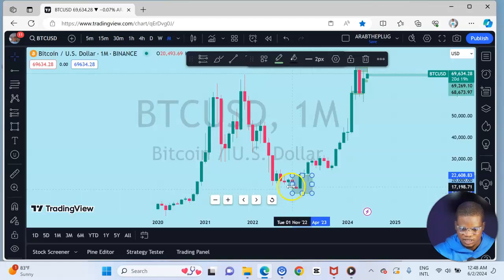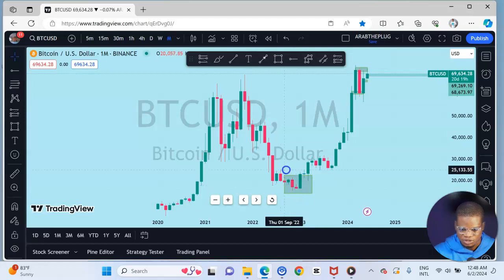This is a morning star candle formation. Why did I say it's a morning star formation? You see that in this formation, the market has been bearish for over a long period of time, for months. This is a monthly chart. This is a bearish candle forming on Bitcoin in November 2022.